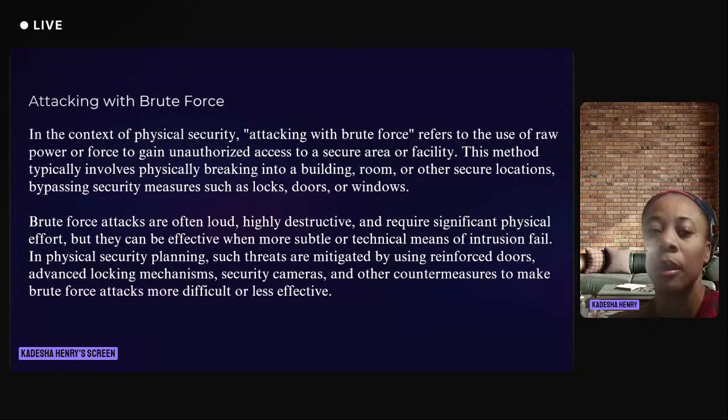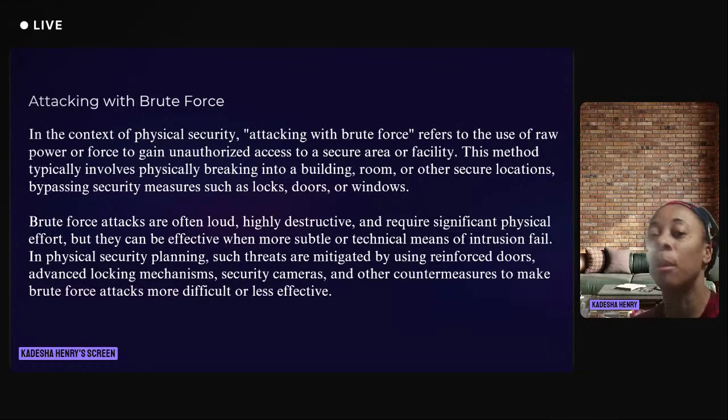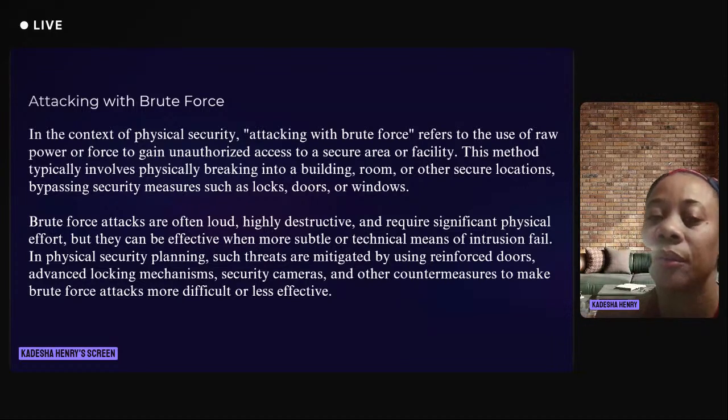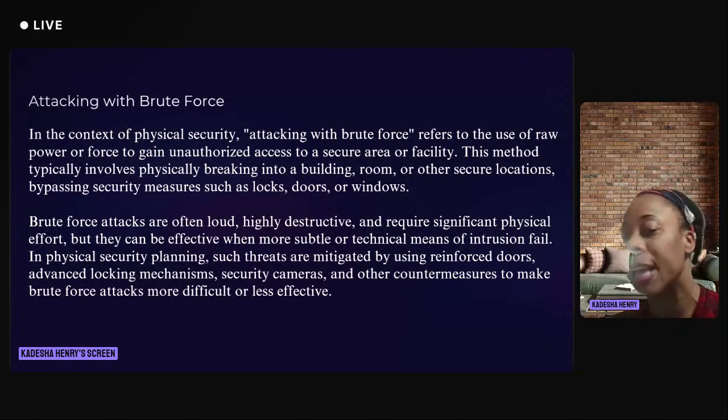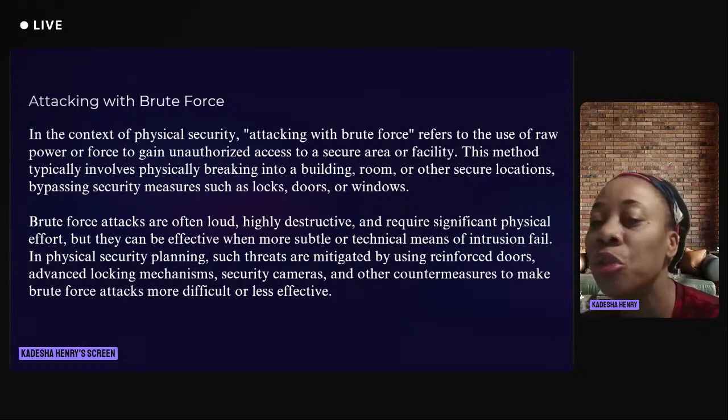They usually physically break in, remember that. As it relates to physical security, in the brute force aspect, they're physically breaking into the building or into the room.